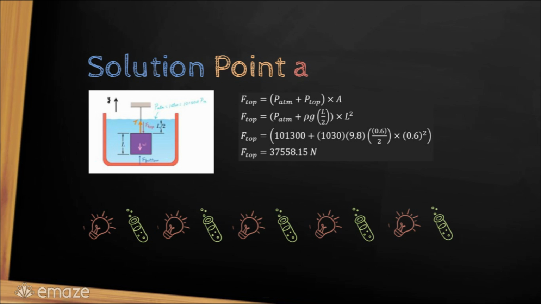With that, we know that the formula used will be F top equals the pressure of the atmosphere plus the pressure on the top, times area. The water that presses onto the cube from the top has the same area as one side of the cube. Therefore, A is L squared.